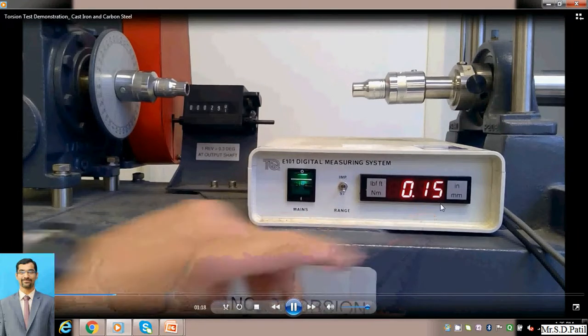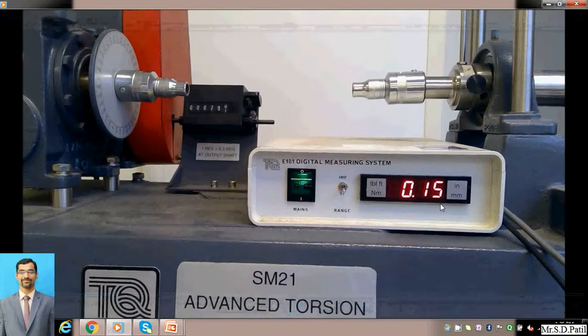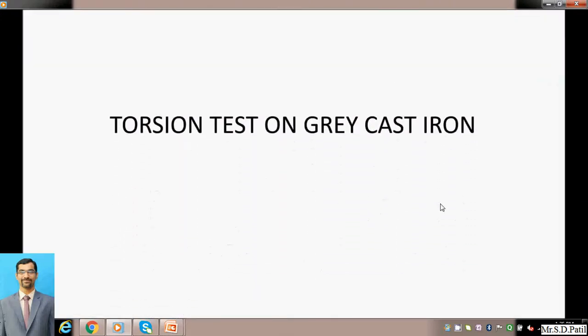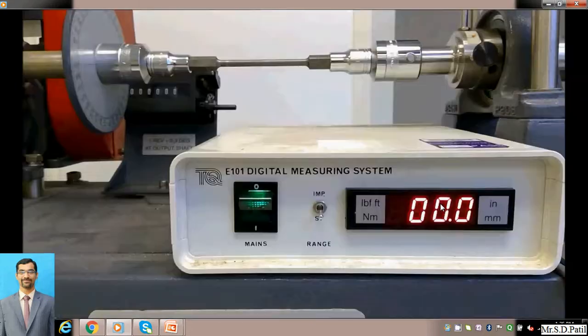The unit for torque is the Newton meter, because it is force into perpendicular distance. Force we measure in Newton, and distance we measure in meter. So the unit of torque is Newton meter.